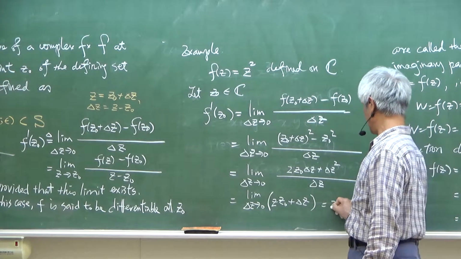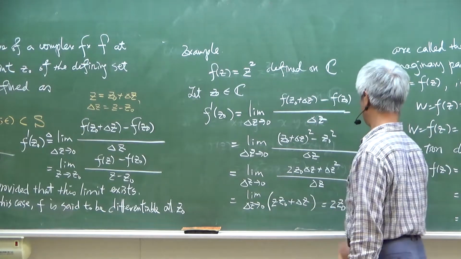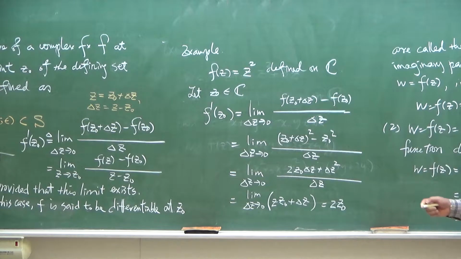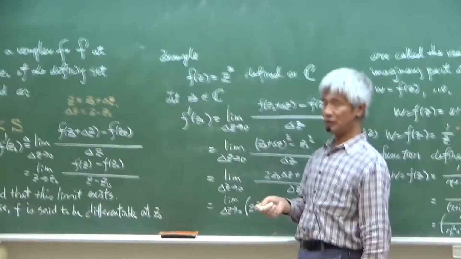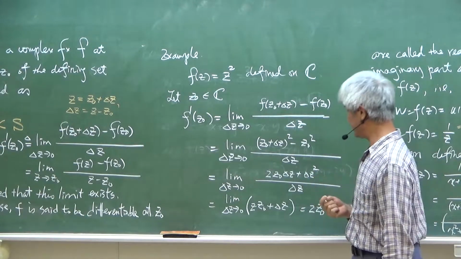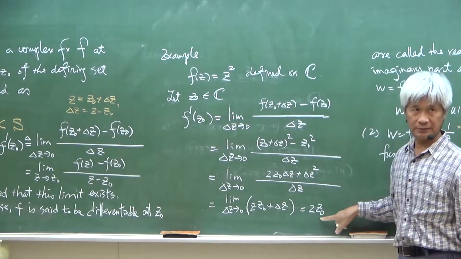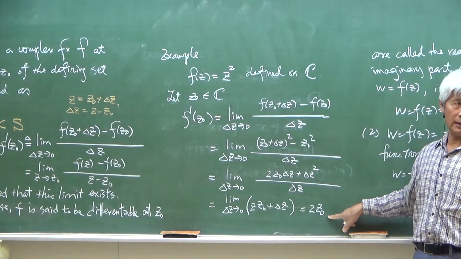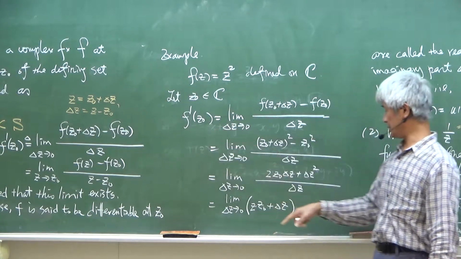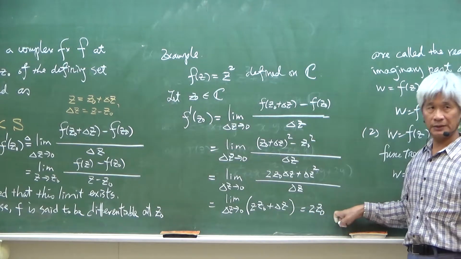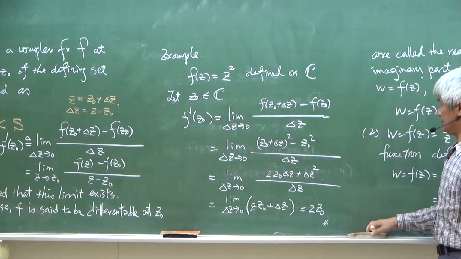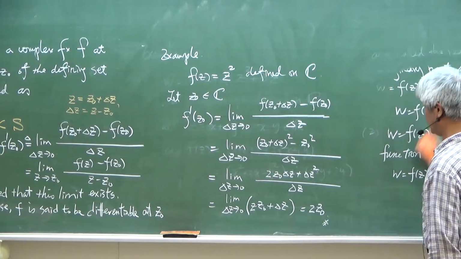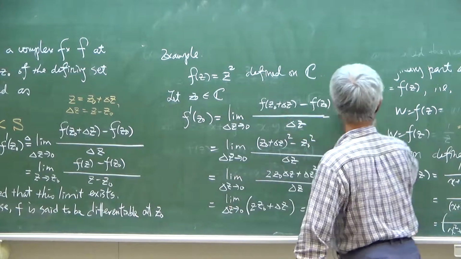So this is 2 z0. So we find that this function has a derivative at every point z0, and the value of the derivative is equal to 2 times z0. So we know that the derivative exists, and we know what the derivative function is.